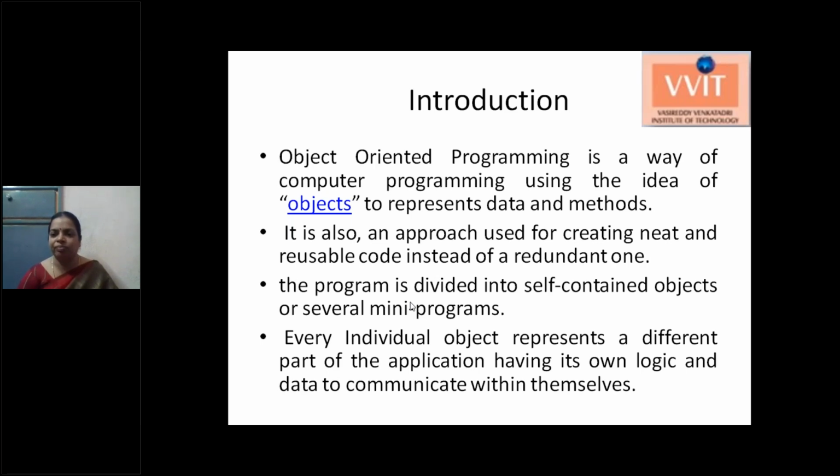So object-oriented programming was introduced, especially to store different types of data and also to implement the methods which are required to work on that data. That is why we call object-oriented programming real-life programming.